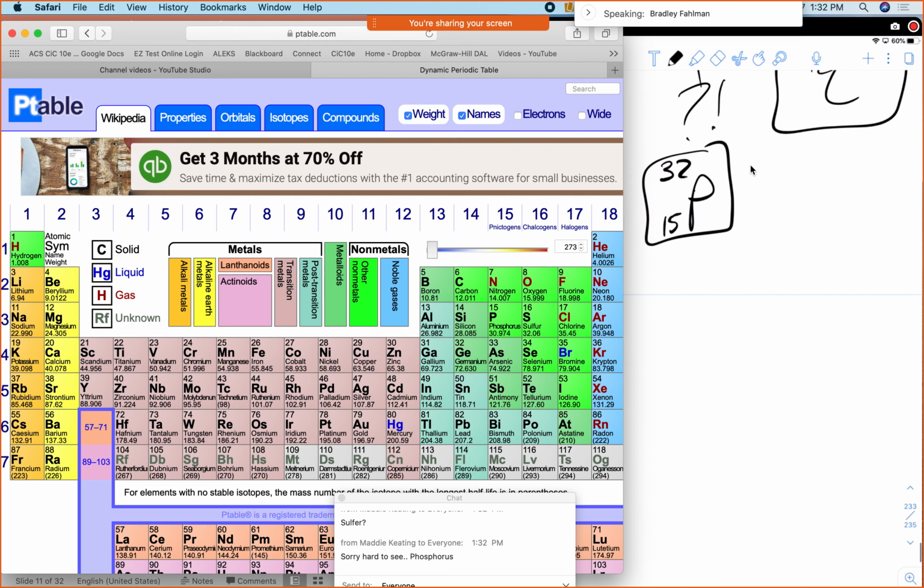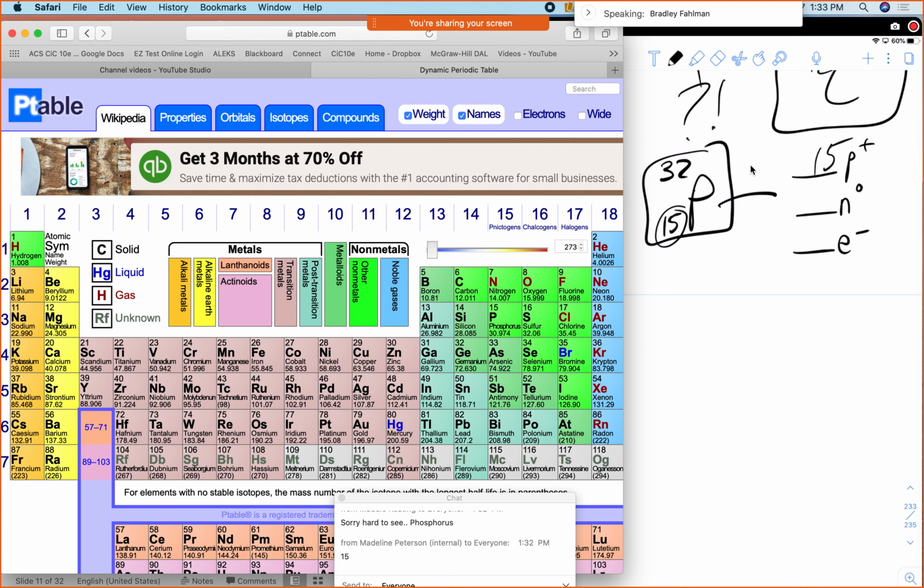Now with this symbol, tell me how many protons, neutrons, and electrons it has. How about protons first? How many protons? 15. Yep, 15. Again, that bottom number.